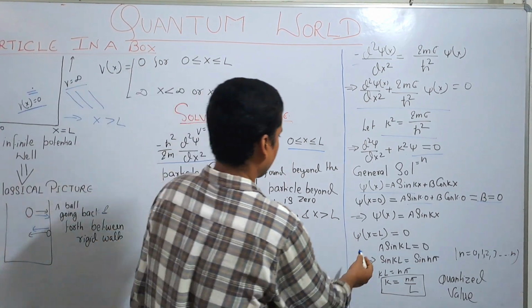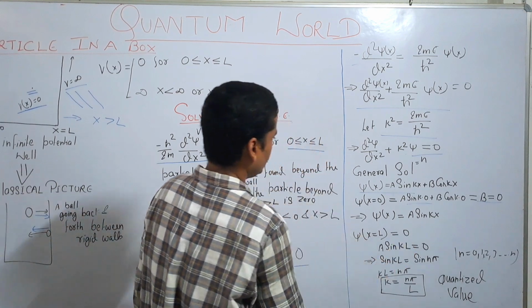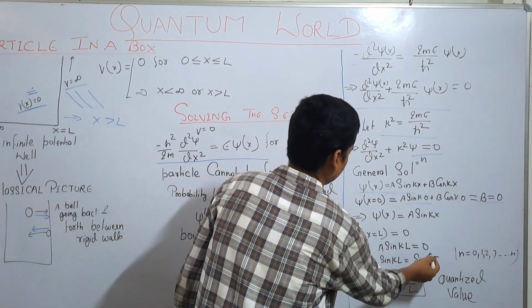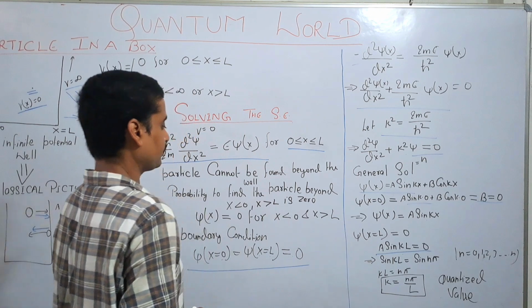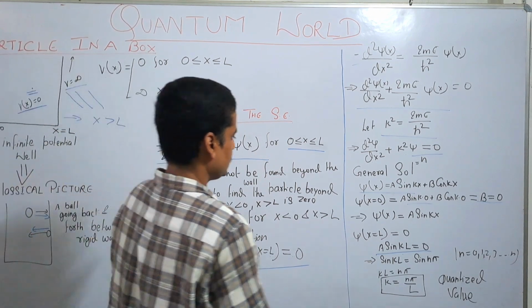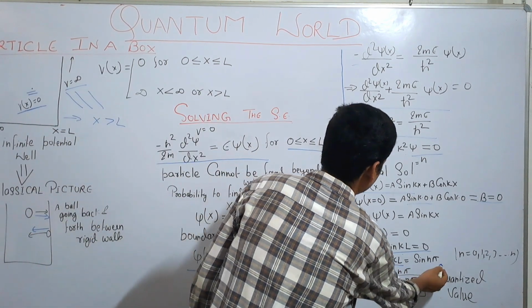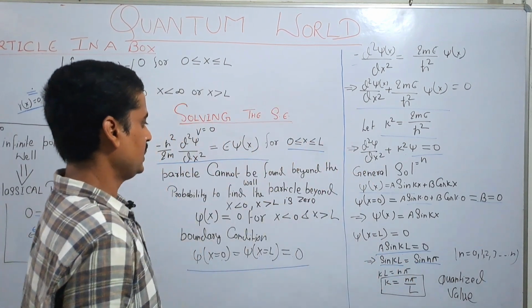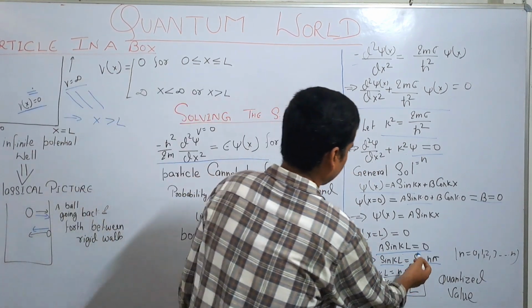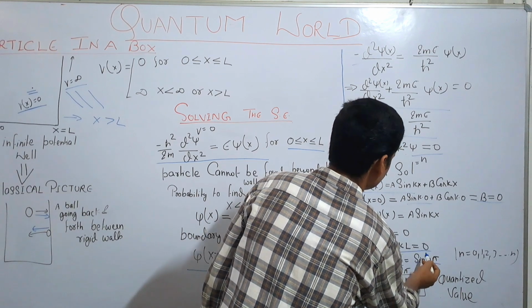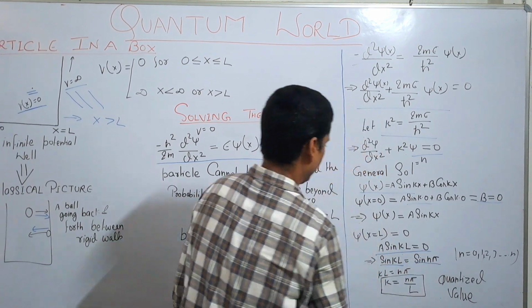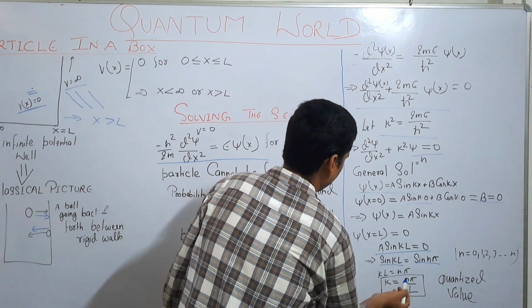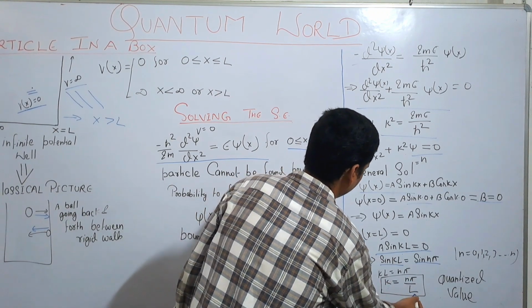Again we apply the second boundary condition in which x is equal to L. So ψ(L) is 0, or A sin kL is equal to 0, or sin kL is equal to sin nπ. Sin 0 is equal to 0 is equal to sin nπ, or kL is equal to nπ, or k is equal to nπ/L.